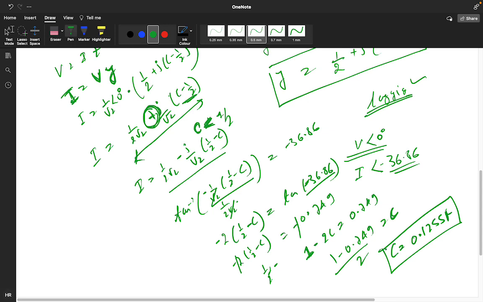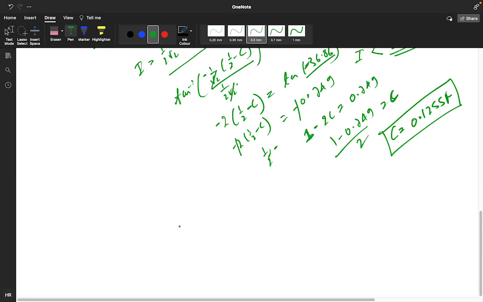Or you can do it like this also. If you remember the previous formula, cos theta in a parallel circuit was G upon Y. So with the help of this also you can solve this question.